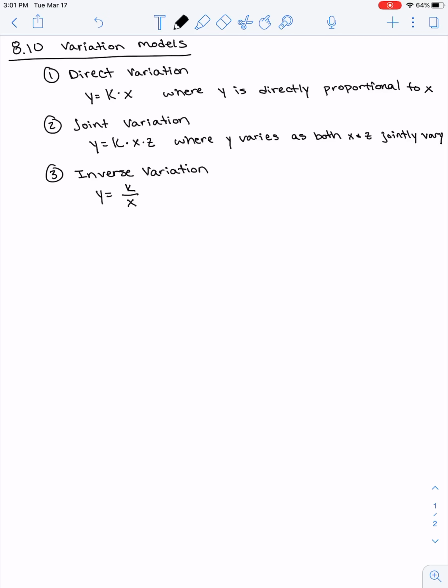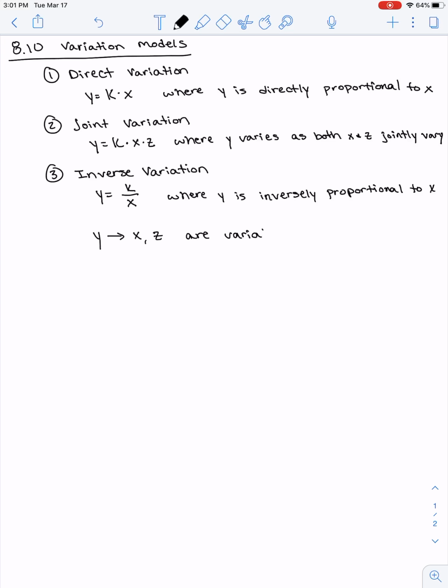So this one we'd say where y is inversely proportional to x. It's important to note here that in all three of these variation models, y, x, and z are variables.